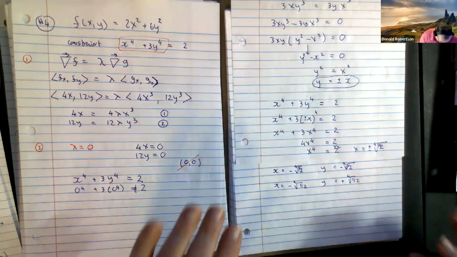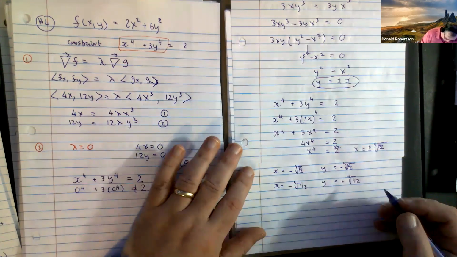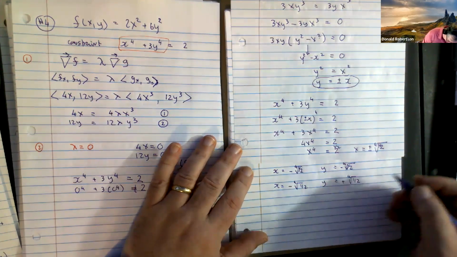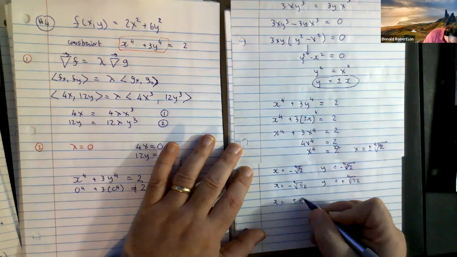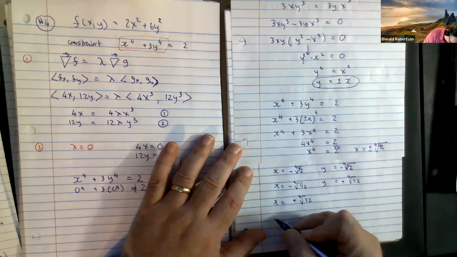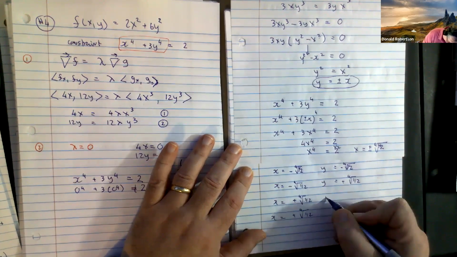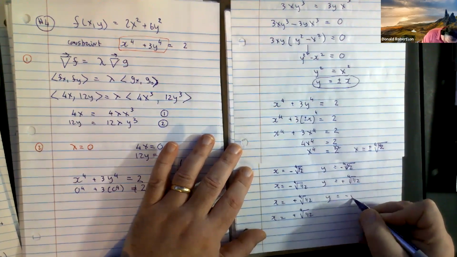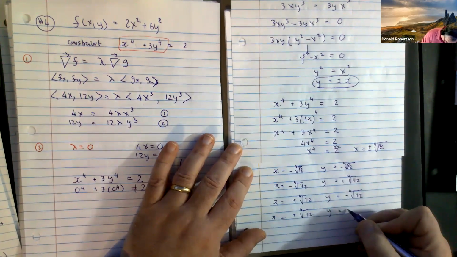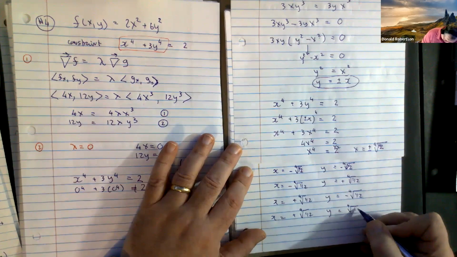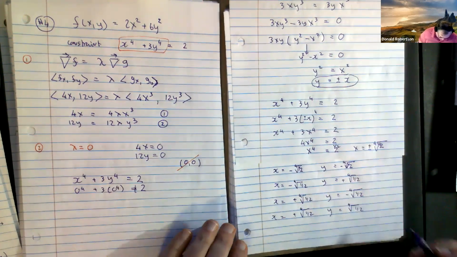Darn it, that's a lot of work. And do I have any other combinations? Yes, I could have positive, so I get a plus version of the 4th root of a half. And y ends up being the negative 4th root of a half or positive 4th root of a half. In other words, there are 4 different solutions here.